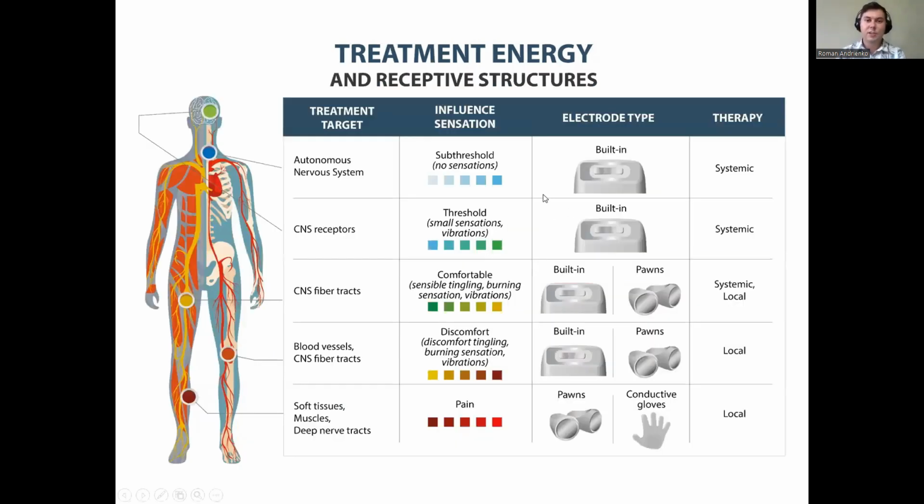So you might ask, Roman, all right, I got it. Why do we need the treatment energy levels? Because this is basically how we change the scope on our rifle. This is how we choose our treatment target.